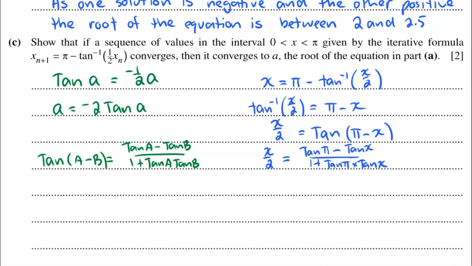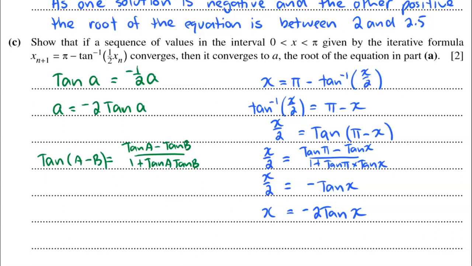Okay, so tan of pi is 0, so we just end up with negative tan x over 1, because tan of pi times tan x becomes 0, so you have 1 plus 0 on the bottom, and you only have negative tan x on the top. So we end up with negative tan of x, and that's x on 2. So we can take the 2 over, and we'll get x is negative 2 tan of x, which is exactly how we would make the iterative formula.